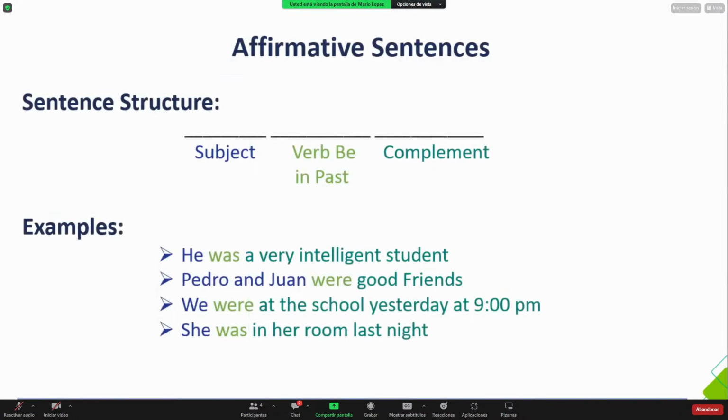The next example is, we were at the school yesterday at 9 p.m. Nosotros estuvimos en la escuela ayer a las 9 p.m. We use were.